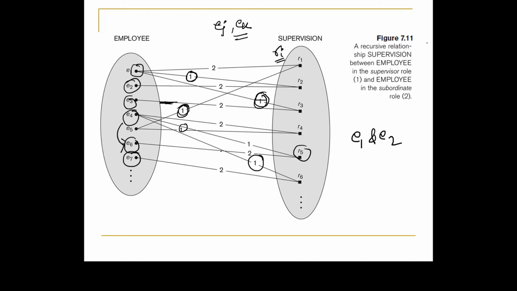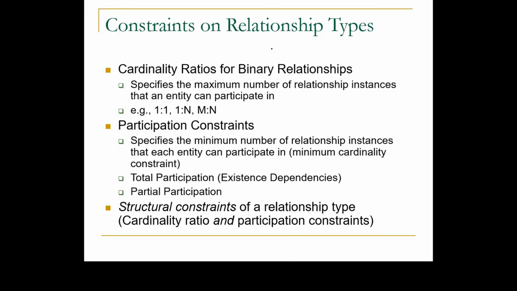And E5 as well, I think. Okay, so this is how things happen here. So this is how the supervision relationship can be viewed two ways actually. An employee can be a supervisor, and an employee can be a supervisee.